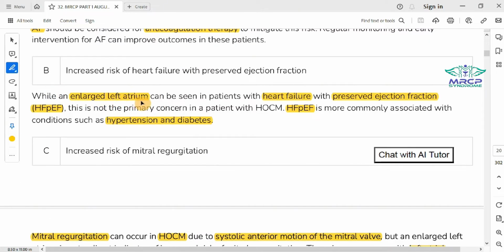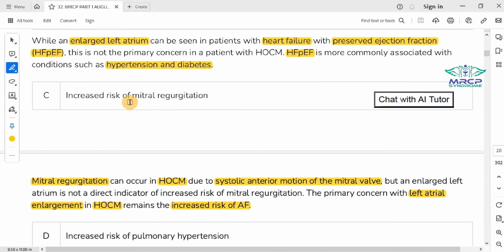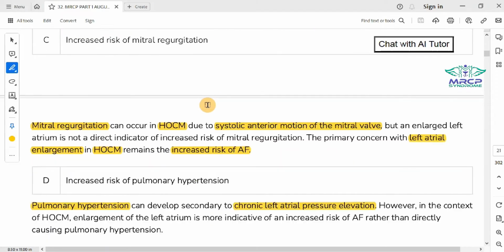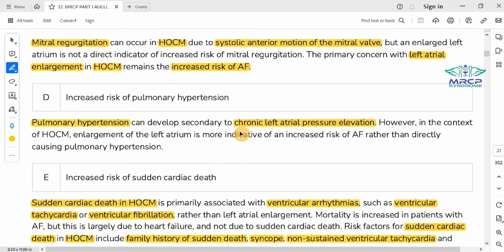While an enlarged left atrium can be seen in a patient with heart failure with preserved ejection fraction, this is not the primary concern in a patient with HCM. This condition is more commonly seen in hypertension and diabetes, and is usually a result of diastolic dysfunction. An increased risk of mitral regurgitation can occur due to the SAM, systolic anterior motion of the mitral valve.